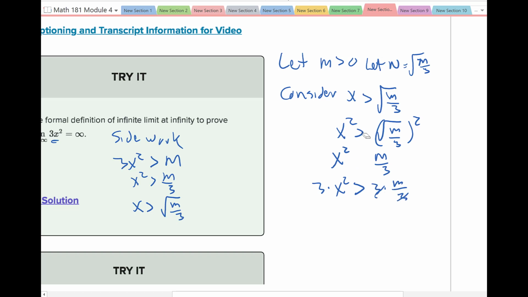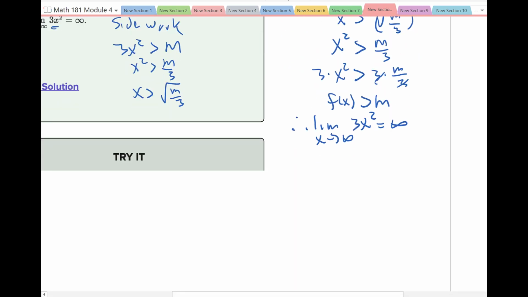Not thrilled with the way that inequality looks, but okay. So this 3 times x squared, that's my f of x, is greater than m. Therefore, the limit as x approaches infinity of 3x squared equals infinity. To me, kind of a common sense thing, but okay.